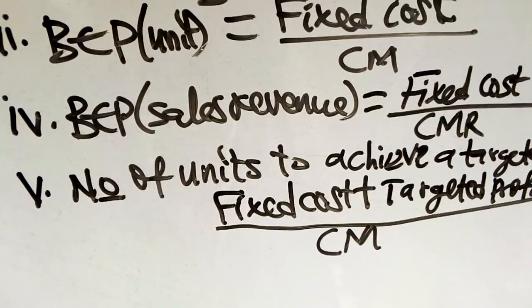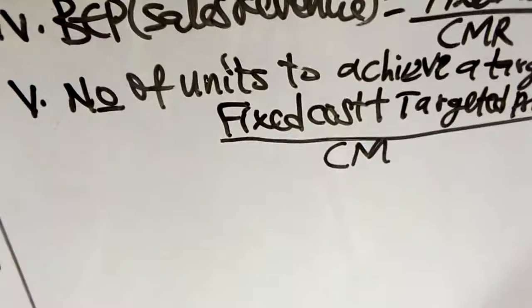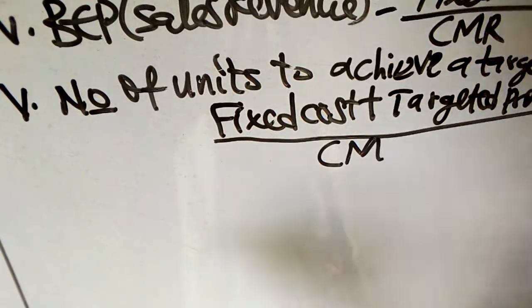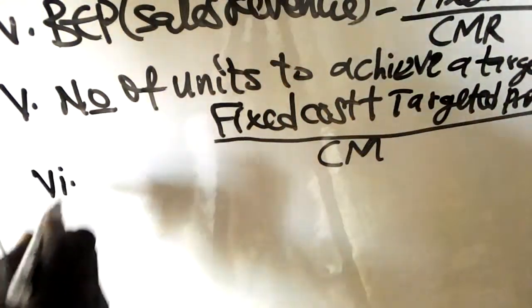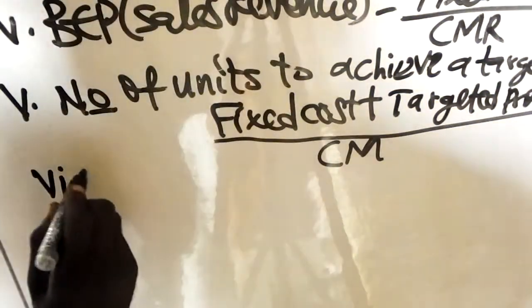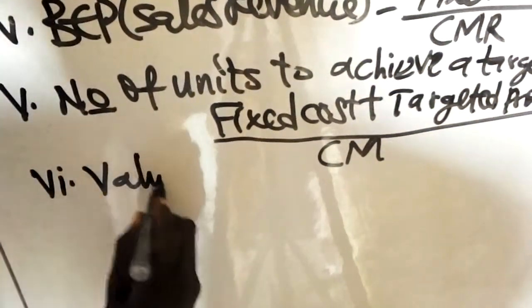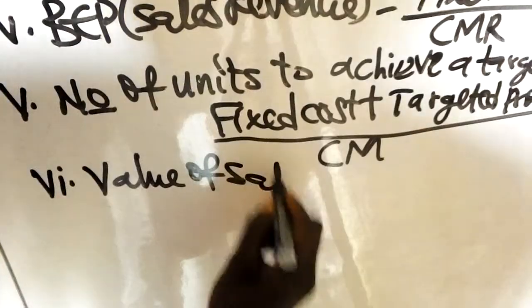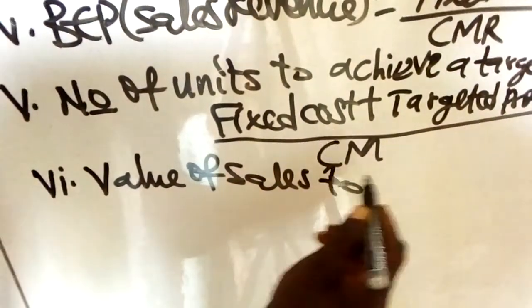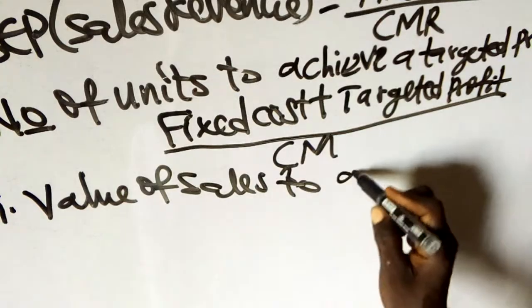Number 6, value of sales to achieve a targeted profit.